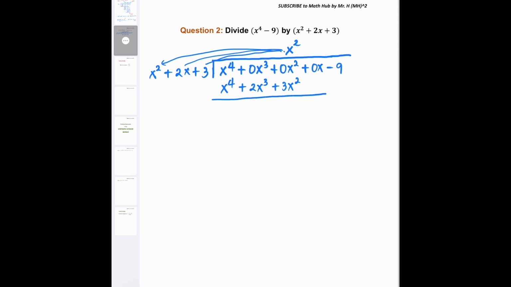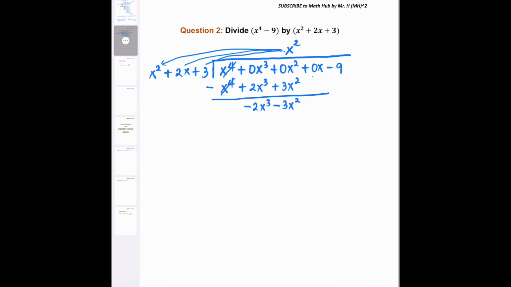What we need to do next is to subtract. So x to the fourth minus x to the fourth is 0. So we cancel that out. So 0x cubed minus 2x cubed is negative 2x cubed. 0x squared minus 3x squared is negative 3x squared.